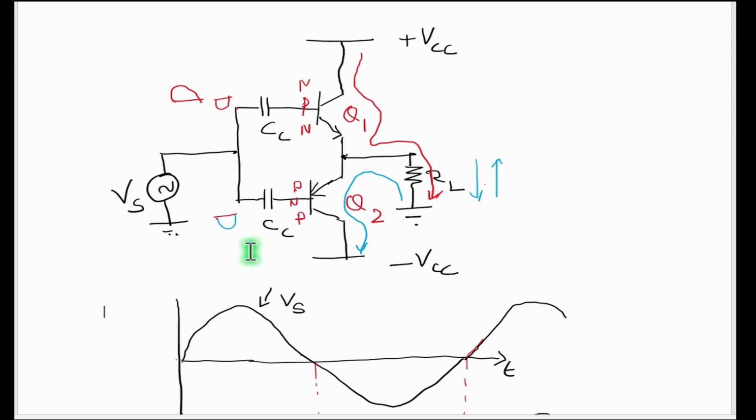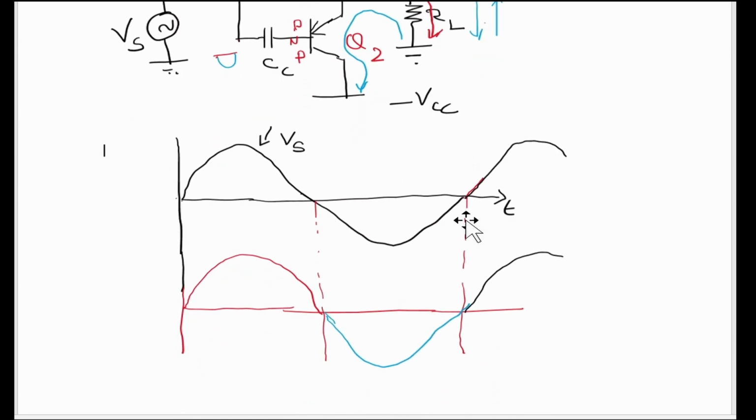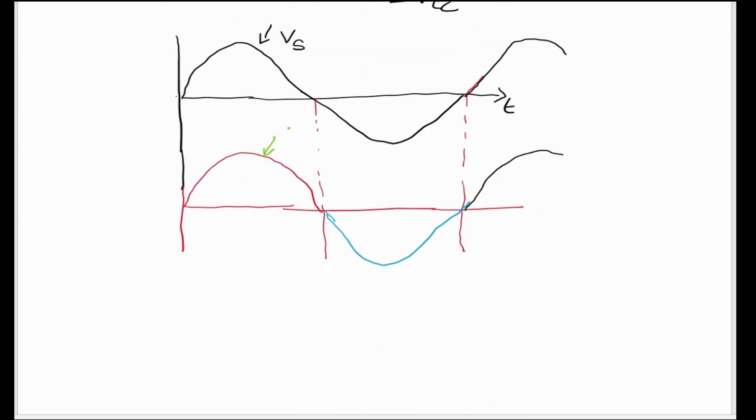Similarly, during negative cycle, Q2 will conduct if the negative voltage goes below minus 0.2 or 0.3 volts. So, this is the output voltage. If this is 0.3 volts, there will be no output current up to this point. So, the voltage will also be 0 here.